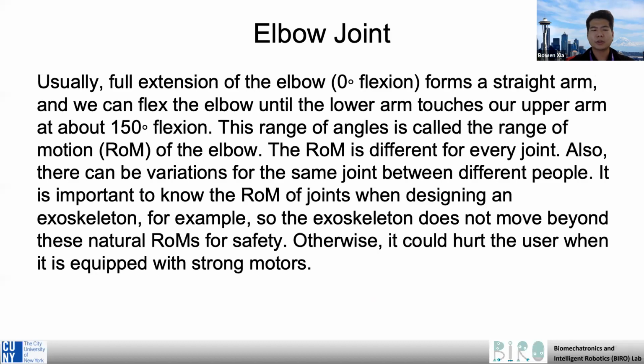It is important to know the range of motion of joints when designing an exoskeleton, for example, so the exoskeleton does not move beyond this natural range of motion, for safety concerns. Otherwise, it can hurt the user when it is equipped with strong motors.